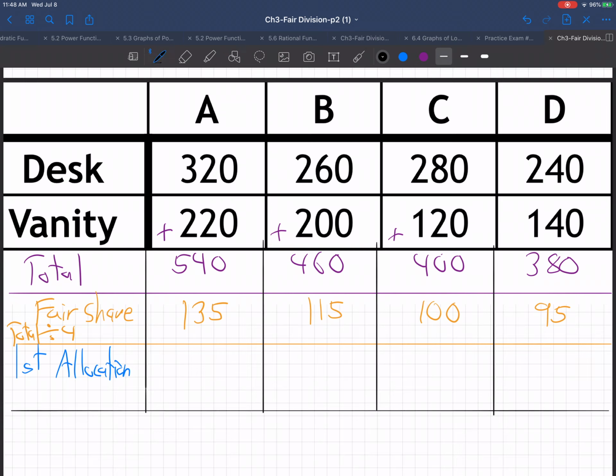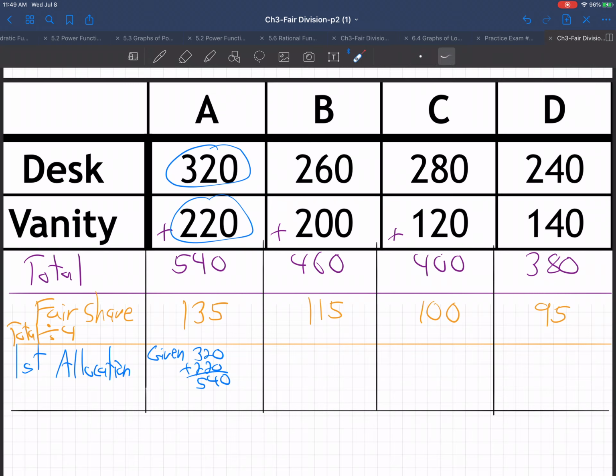Let's think about what happens. Who got the different items? A got both of them, right? A gets both the desk and the vanity. So A was given 320 plus 220, $540 worth of stuff.